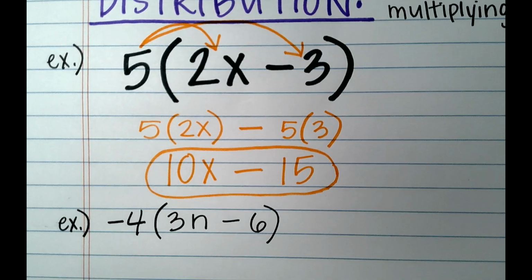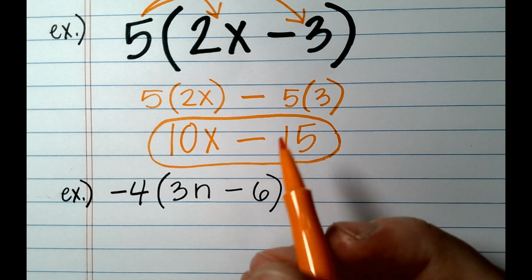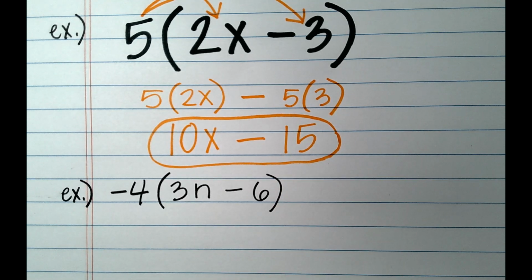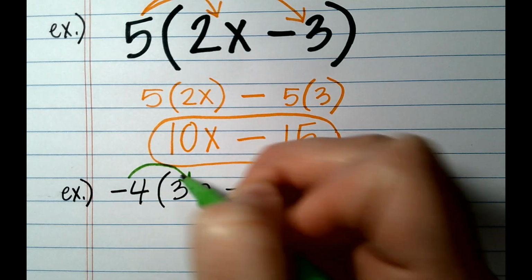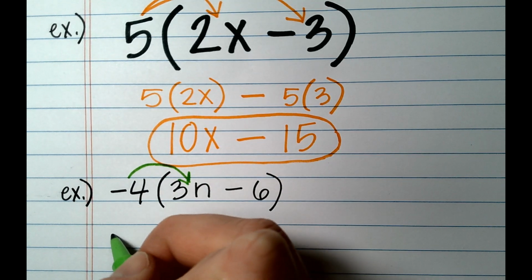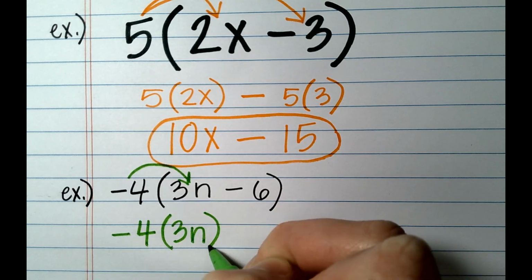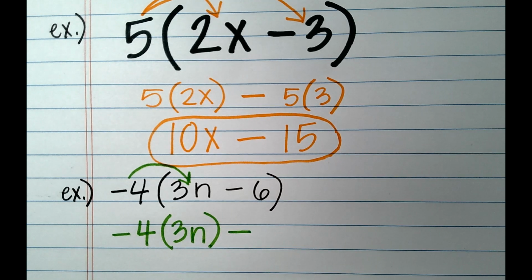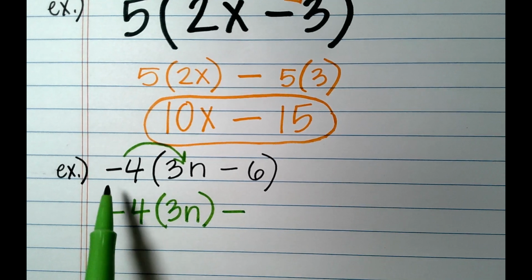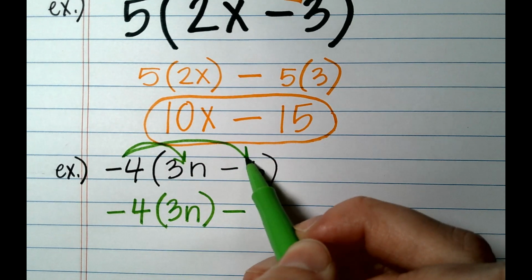We're going to do it exactly like we did the last one. So, -4 times what will I do first? 3n. -4 times 3n. Good. Don't forget your negative. So, I'm going to write that out. -4 times 3n. Bring down my minus. And now I have -4 times 6.